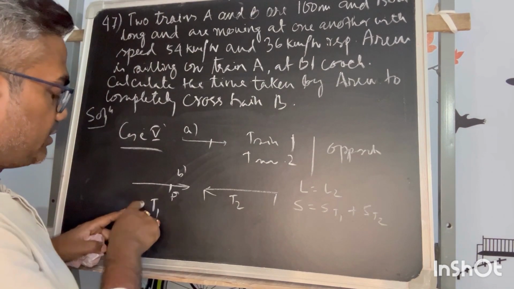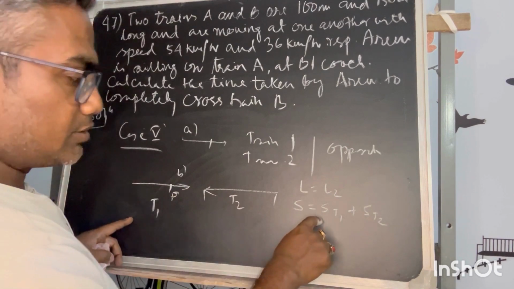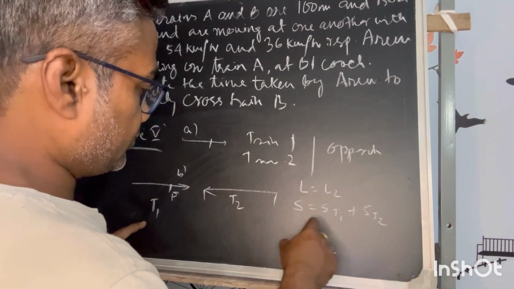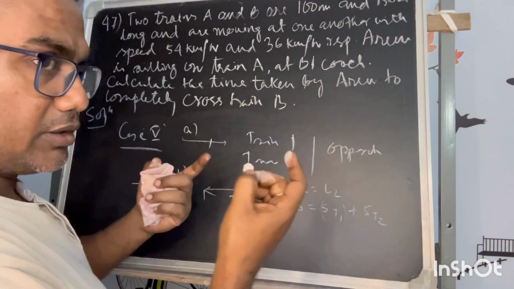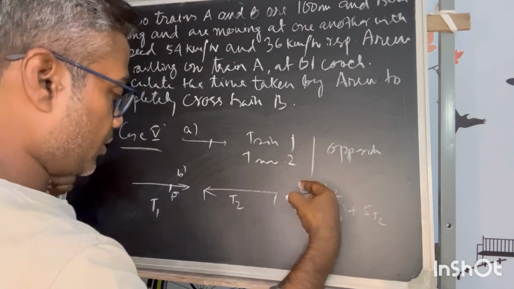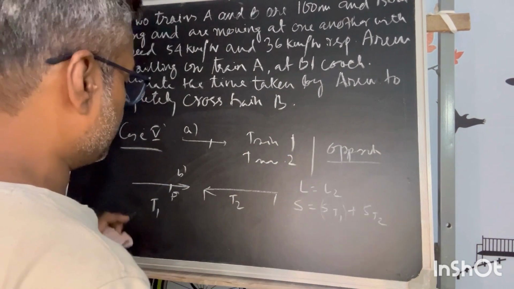So for his speed, we have to consider the speed of the train. Speed-wise, the train's speed and the man's speed are the same. So I need to consider that speed, and as they are moving in opposite directions, the speeds have to be added. This is case 1, opposite.